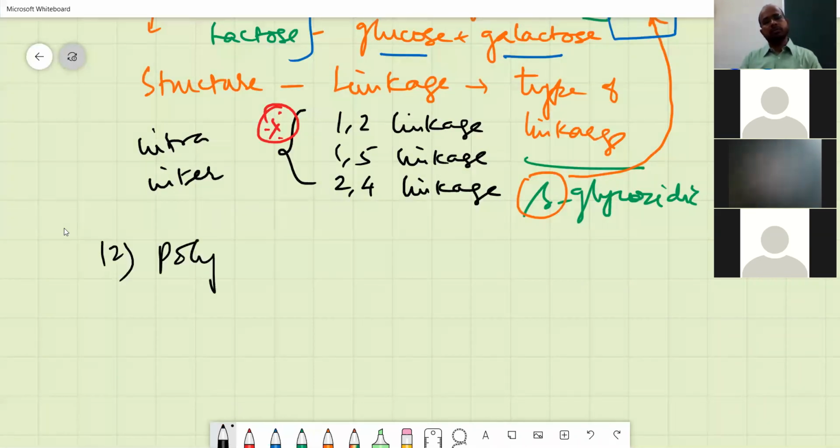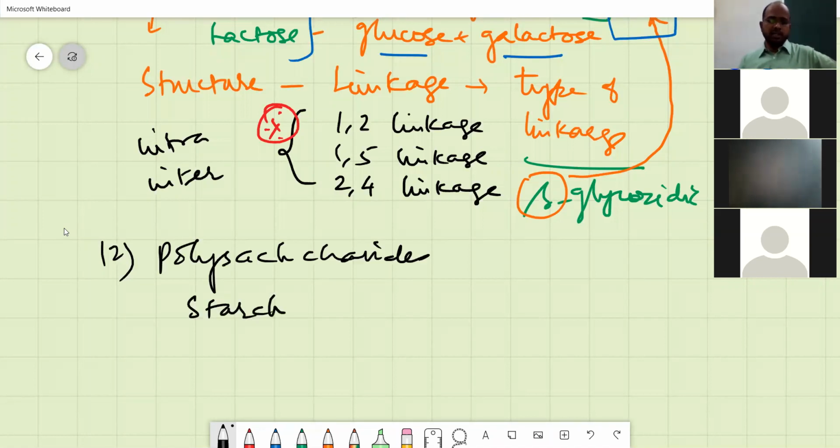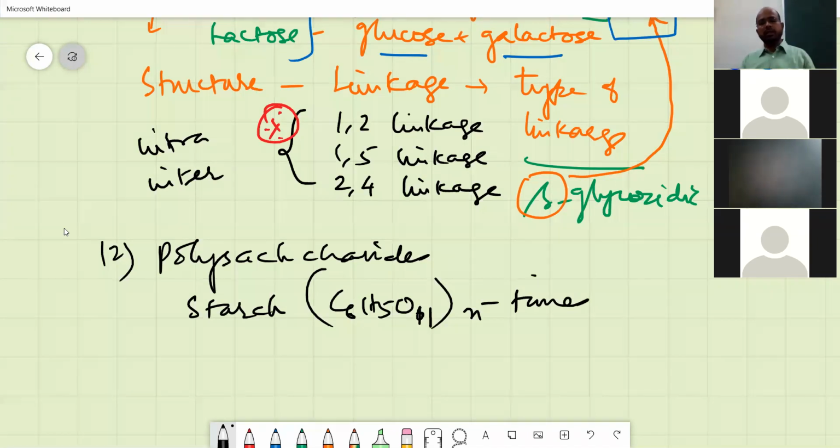Okay, so in the last part, we have seen the polysaccharides. The most common question that is asked is starch. (C6H10O5)n.